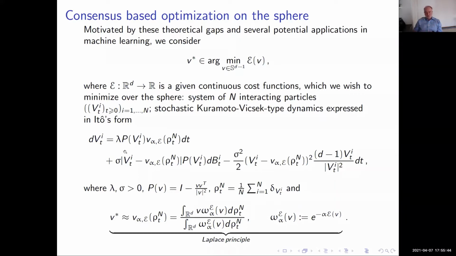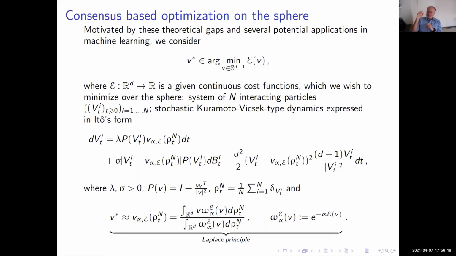So what do we do? Well, we project this point onto the tangent space of each particle by using the projector P. Here there is a projector P that depends on the position V of the particle. And we project in the first term this point on the tangent space, and we create a tangent vector that determines the velocity, the direction where that particle wants to move.